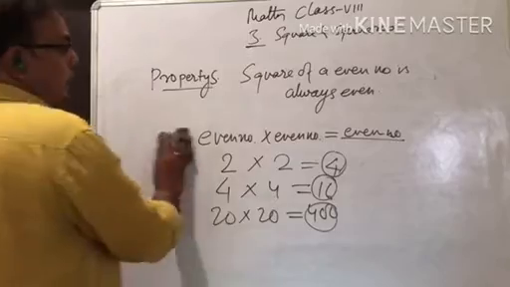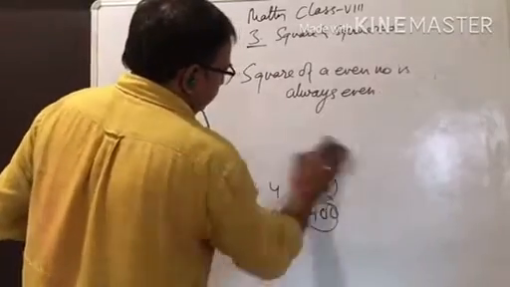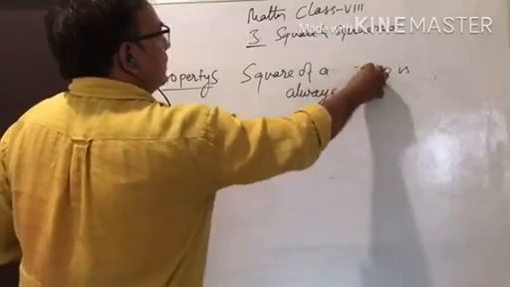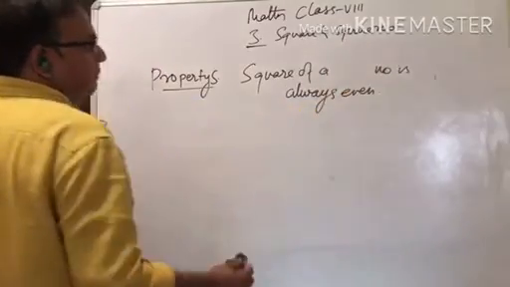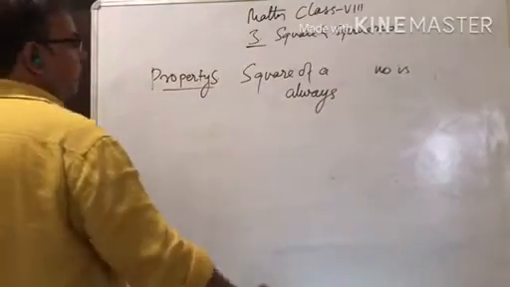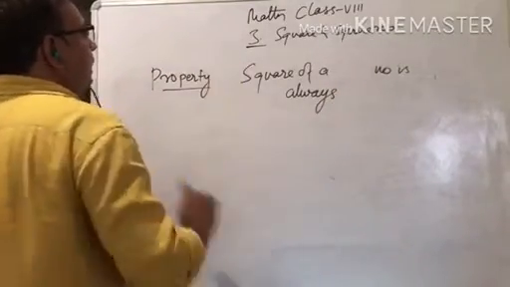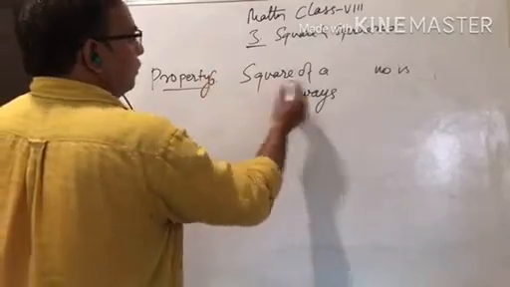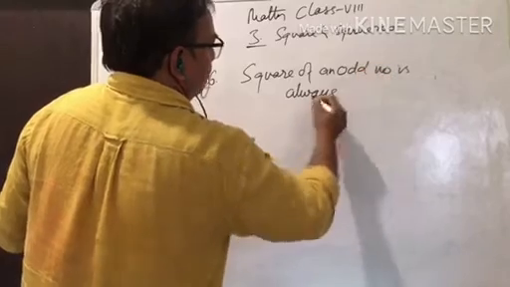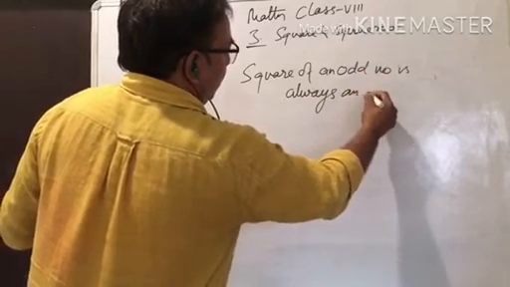Now the sixth property is the same, a little bit different, so I don't waste time. Property number 6: the square of an odd number is always an odd number.